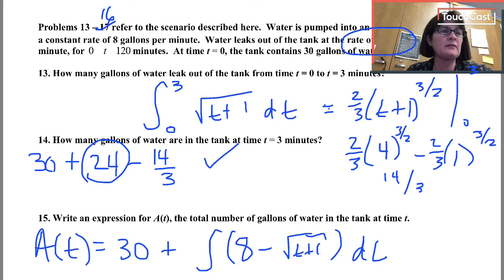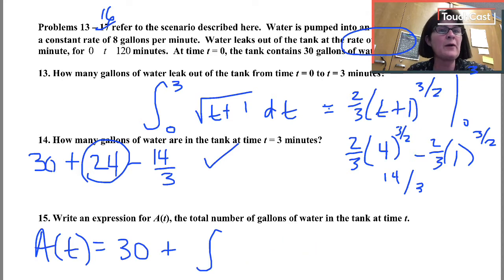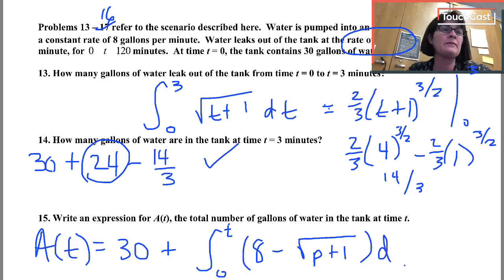Whoops, there I went, accidentally putting the same variable in my integral as I'm going to need for my upper limit. My upper limit's going to have to be t here. My lower limit is the time I start, which is time 0. This is going to be 8 minus square root of, pick any letter you want besides A or t, p plus 1, dp. Final answer.